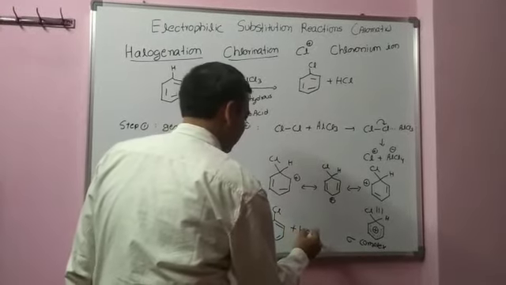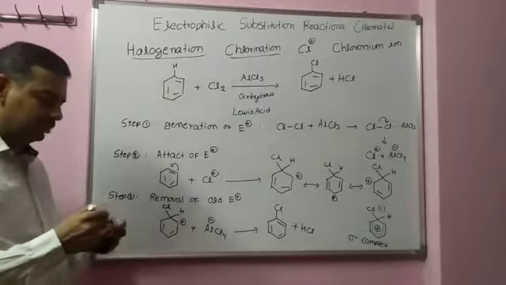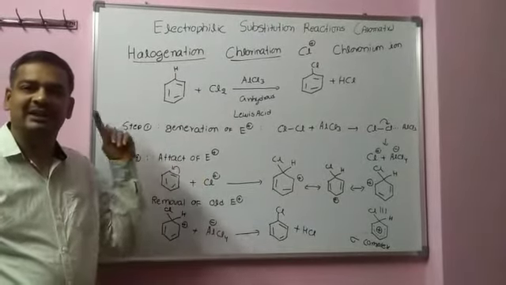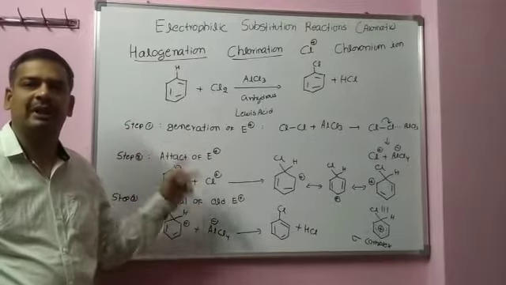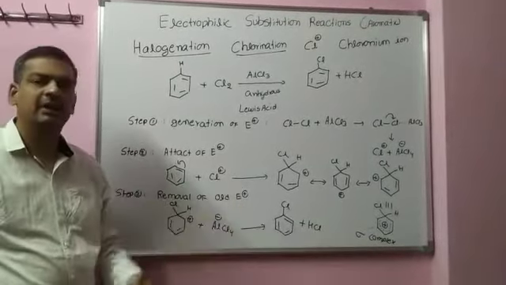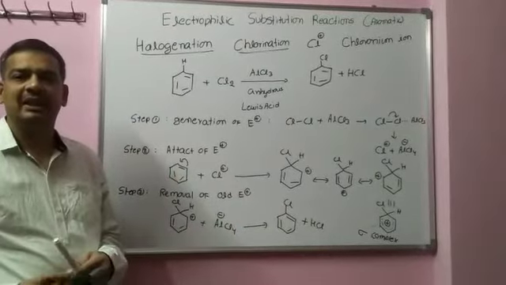This is the mechanism. So this has 3 steps: generation of electrophile, attack of electrophile, removal of the old electrophile. Finally, we got chlorobenzene, and hydrochloric acid is the side product.